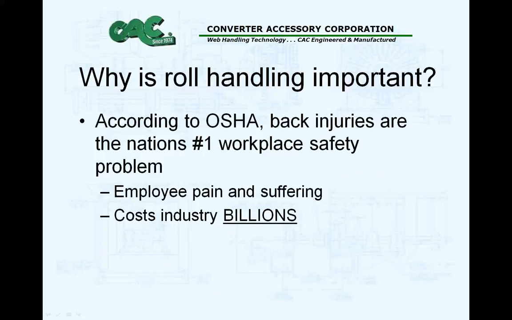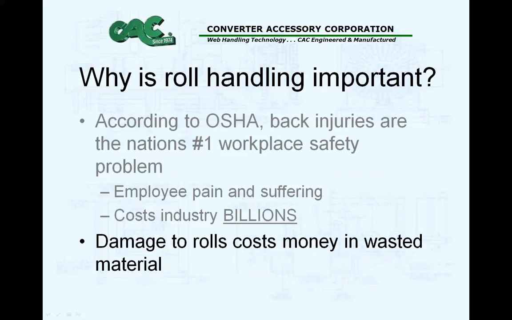OSHA says that back injuries are really the nation's number one work safety problem, and on top of the pain and suffering borne by employees, back injuries alone literally cost industry billions of dollars per year in the United States alone.